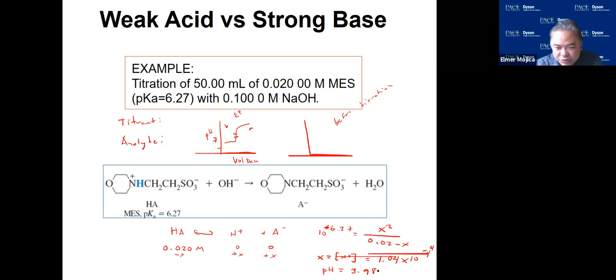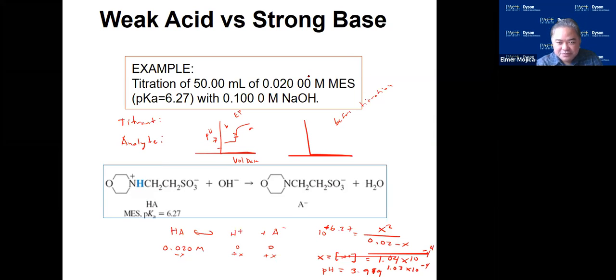Or no, it's not even 3.98, it's 3.99. So that's the thing that I get. That's the pH before the addition of base. It's just a typical weak acid problem, weak acid solution.